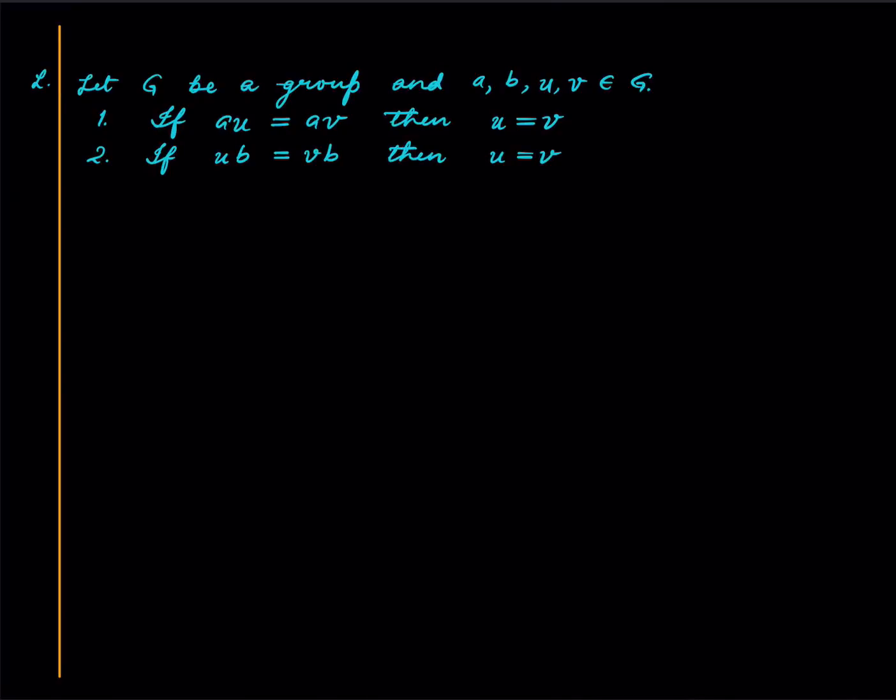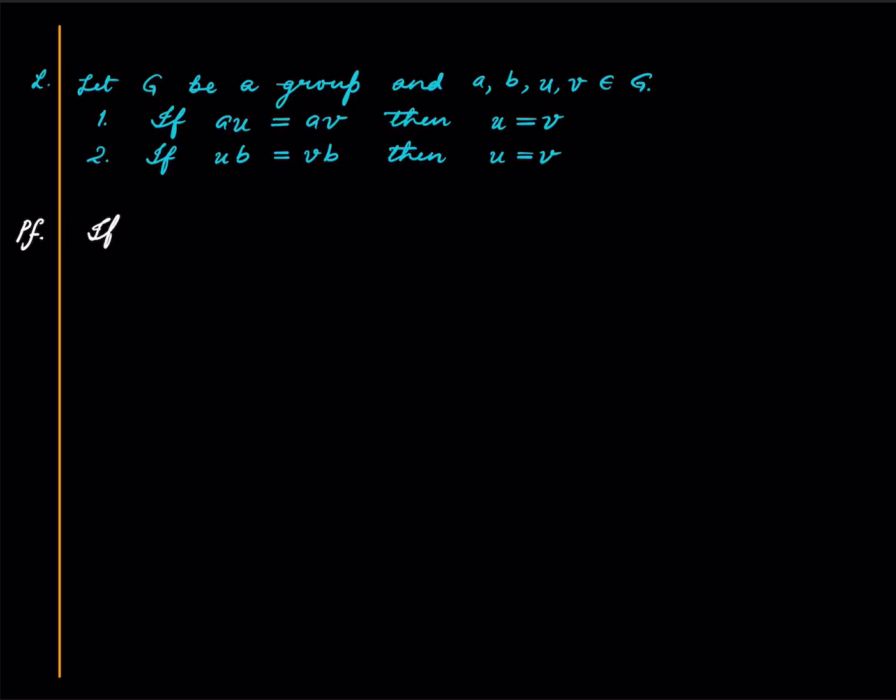Lastly, this is the last property that I want to discuss. We have a group G, and we have a, b, u, and v, four elements in G. Then if these two things hold, or okay, forget about it, I said something wrong. If this holds, then u equals v, and if that holds, then also u equals v. Let's do the first one, and the second one will be an exercise.